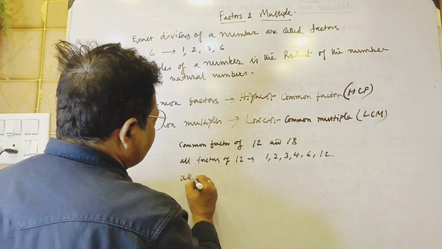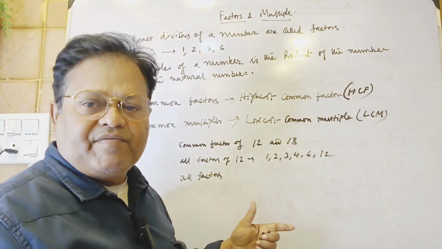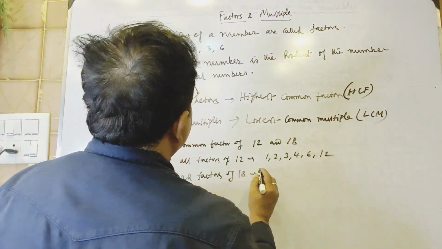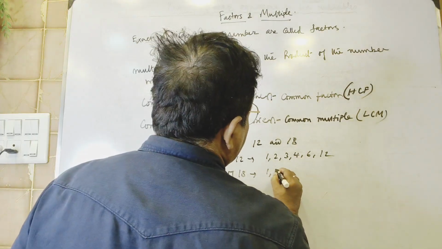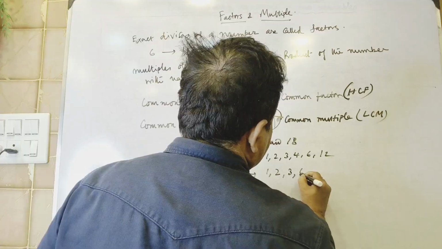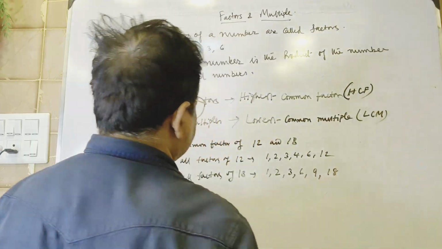And all factors of 18 you will get here: 1, 2, 3, 6, 9, 18.